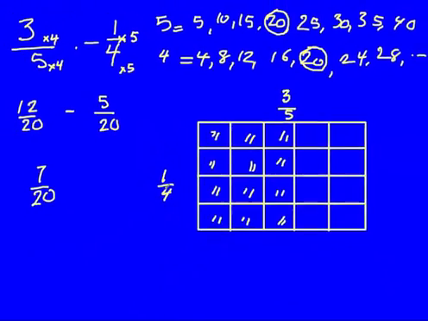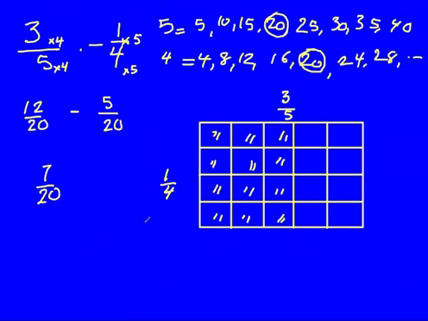Now you can see that I have shaded 3/5, so I can write down here that this is 3/5, and on this side I got to have a quarter. Now I need to take away 1/4.